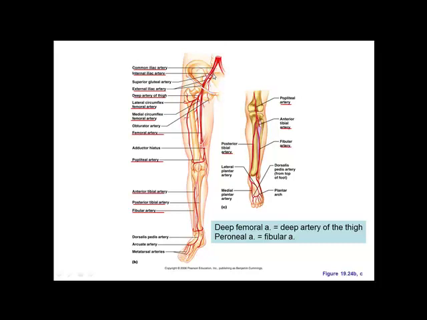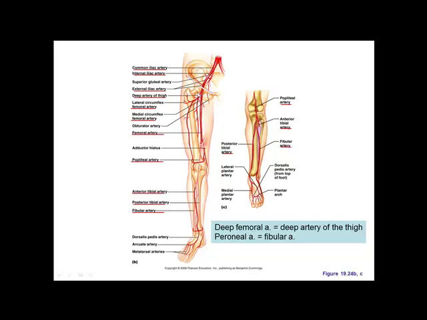And then our common iliac artery will split into an internal iliac artery, which is this guy right here, and an external iliac artery, which is this guy right here. The external iliac artery will split into this, which is the deep artery of the thigh, or deep femoral artery is another name it goes by, and this guy right here, which is just our femoral artery.